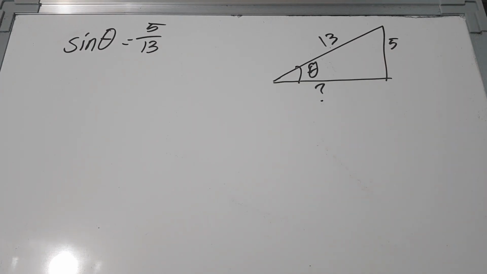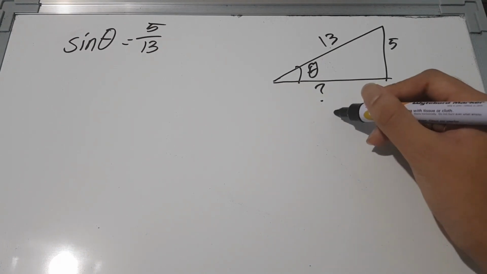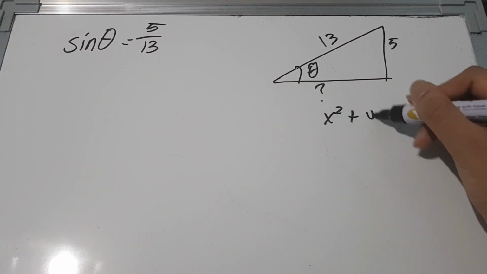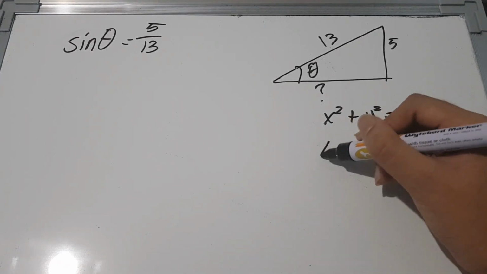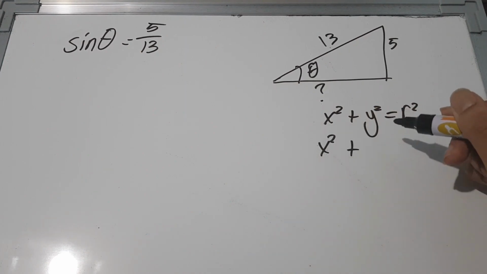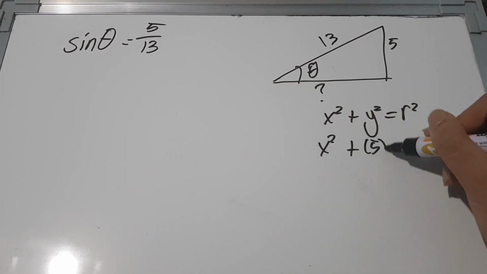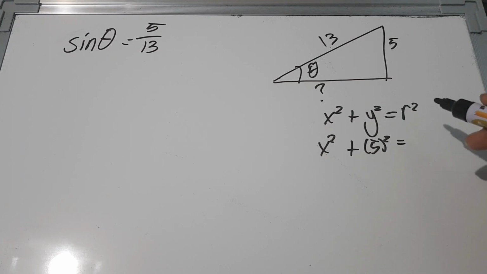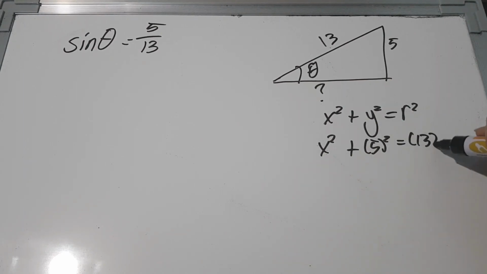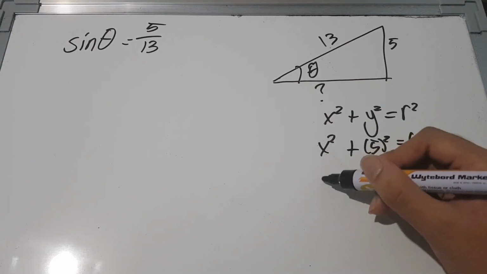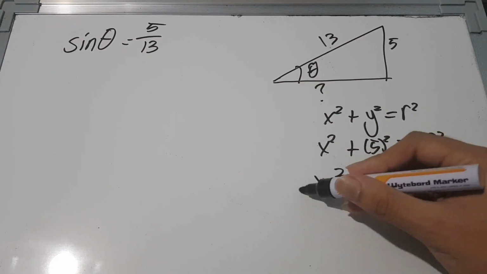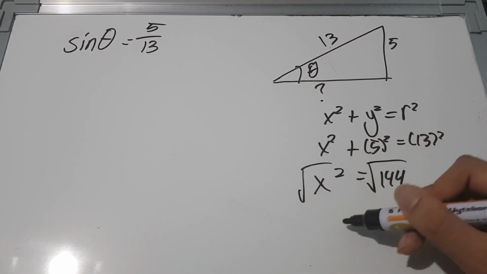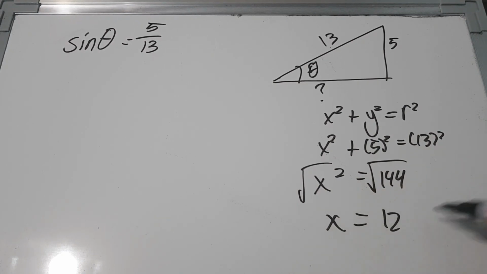In order to find that, we have to use the equation x squared plus y squared equals r squared, or the Pythagorean theorem for short. x squared will be the missing, y squared is equivalent to 5 squared, and r squared is equivalent to 13 squared. x squared equals 144, then square root of both sides. x is equal to 12.